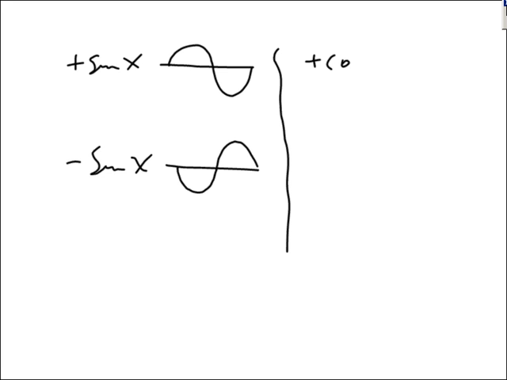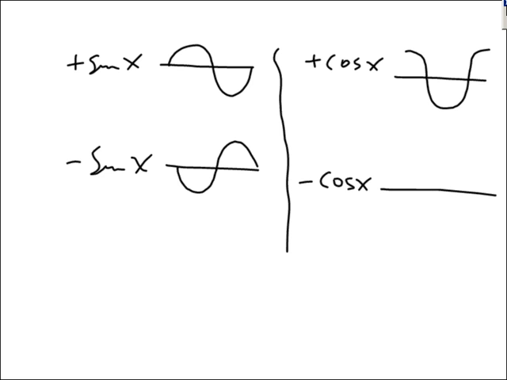A positive cosine graph goes like this, and a negative cosine graph goes like this. And there's the x-axis. Unfortunately, maybe this wasn't the best time to put this up, because I'm going to contradict that a little bit. The graphs we've done so far were in this form.